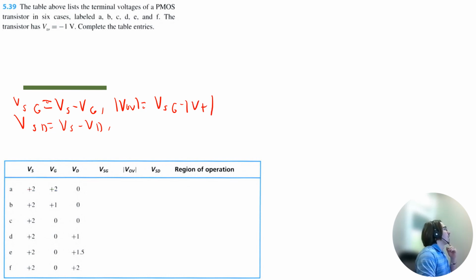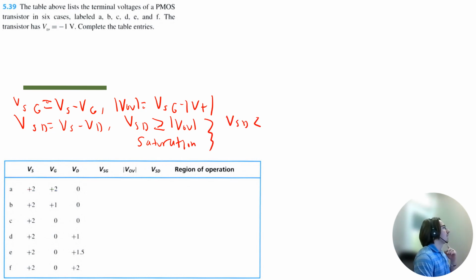As far as regions of operation, if the voltage from source to drain is greater than or equal to V overdrive, that would be saturation. If voltage from source to drain is less than V overdrive, then we would be in triode region.